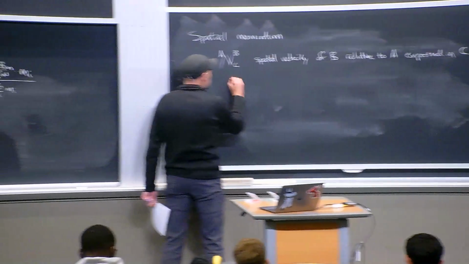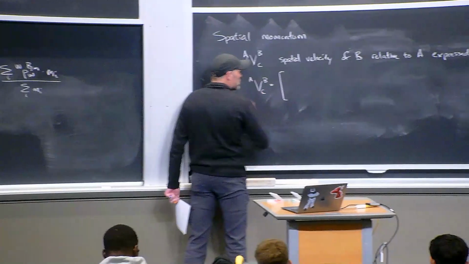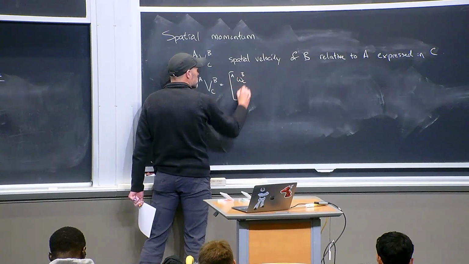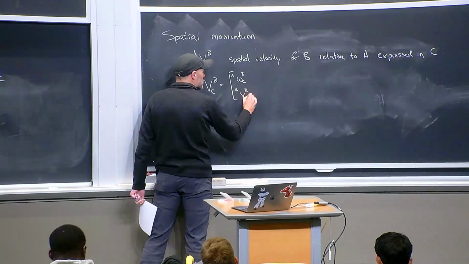The spatial velocity is just the angular velocity of the point concatenated with the translational velocity of the point.